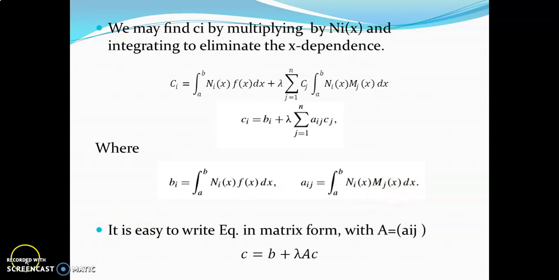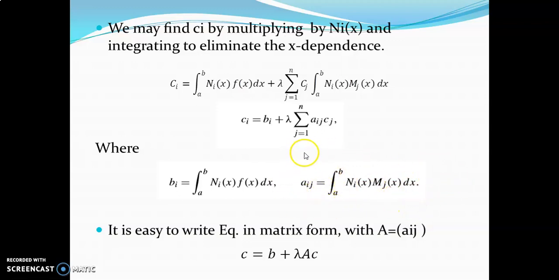And similarly all the other terms of the matrix can be determined. So if we have 3 terms in the kernel, we will have 9 terms in the A matrix, A11, A12, etc. up to A33. So all the 9 terms can be determined using this equation.